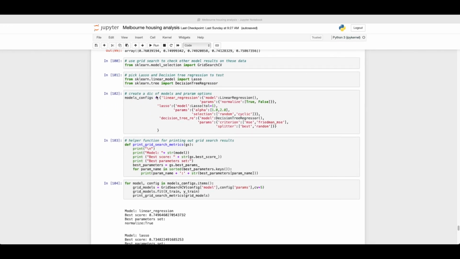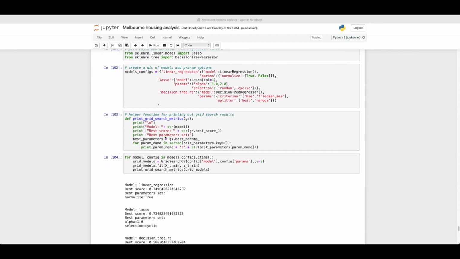I created a dictionary of models, with the model names and with parameter options. Those are parameter options. We can add more, but just for demonstration, I picked a few, and here I create a function.